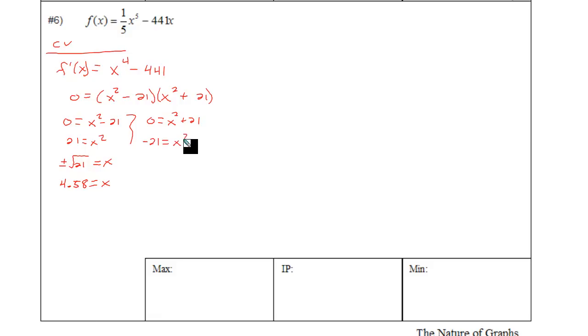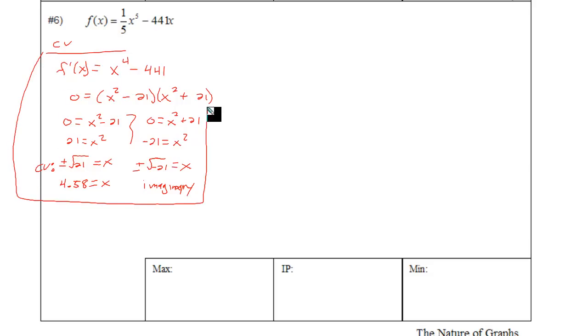Here we're going to get the square root of a negative number, which is imaginary. We don't concern ourselves with the imaginary ones. So we get critical values of plus or minus square root of 21, which is approximately plus or minus 4.58.